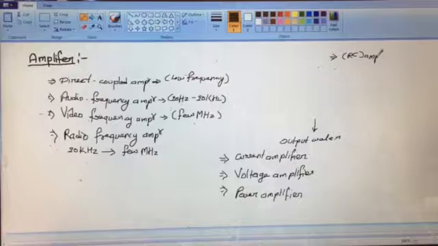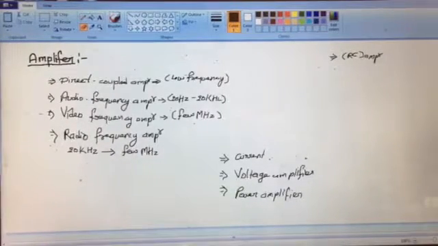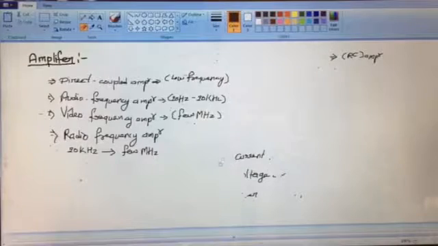That means R is used for resistance, C is used for capacitance. In this amplifier, we use resistance and capacitance as the elements of the amplifier. In that case, our amplifier is known as RC amplifier.